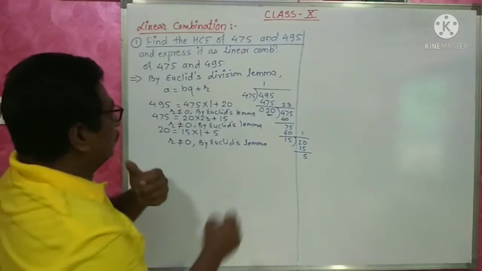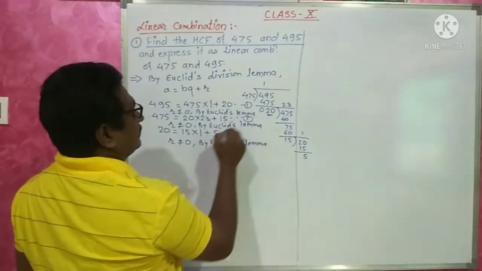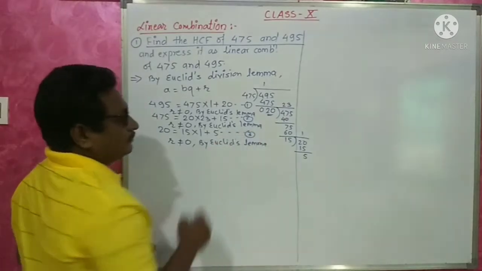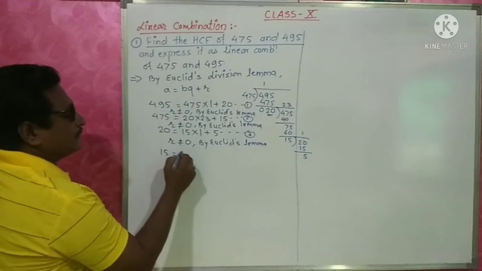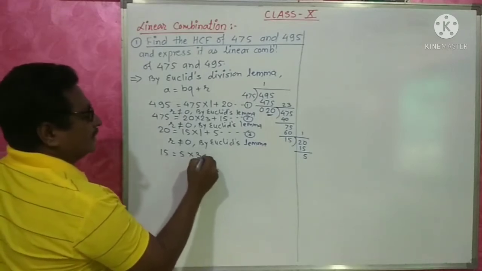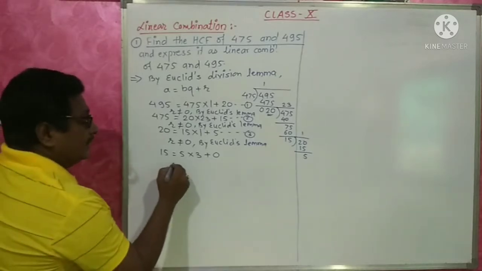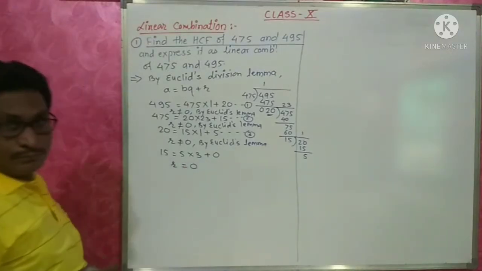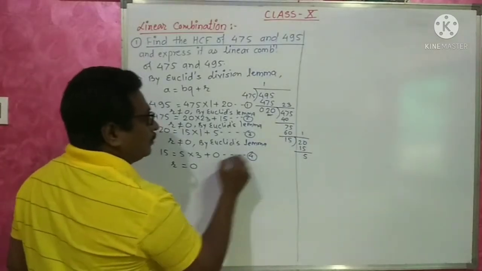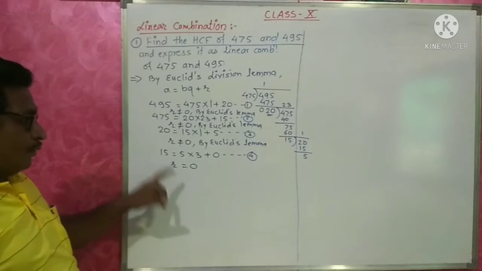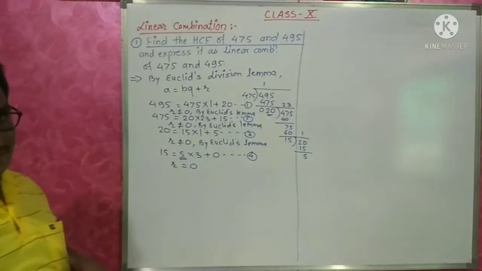So now this is the first step, this is second, this is third. Now the fourth step: 15 equals 5 into 3 plus 0. Now here the remainder we got is 0. In whatever step we get the remainder 0, in that step whatever is the divisor, that is the HCF.